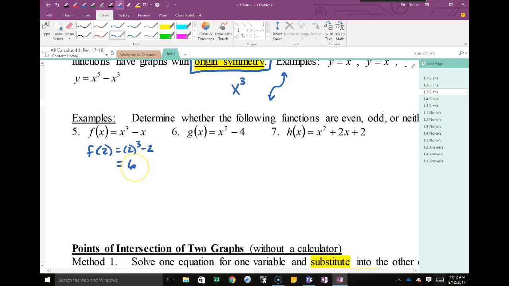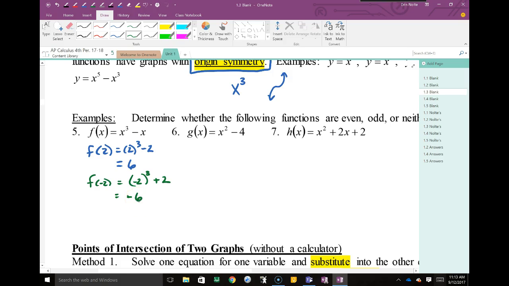Everybody agree that makes 6? What I would be looking for is if I plug in -2, I should get negative 6, right? So if I plug in negative 2, we get negative 8 plus 2, which makes negative 6.